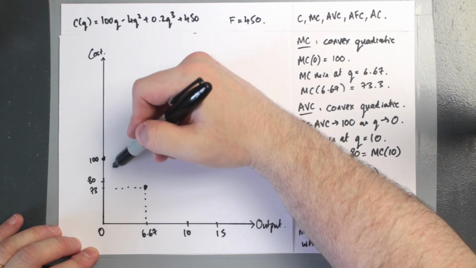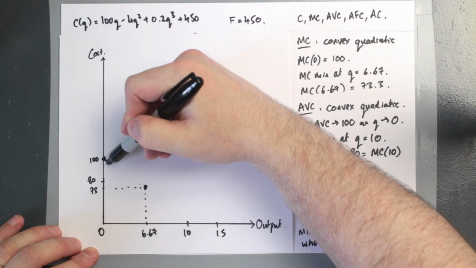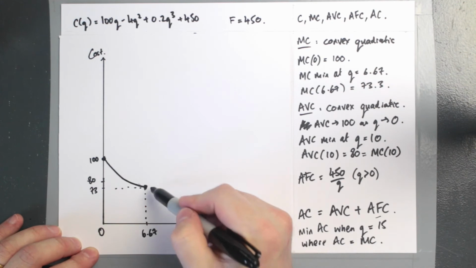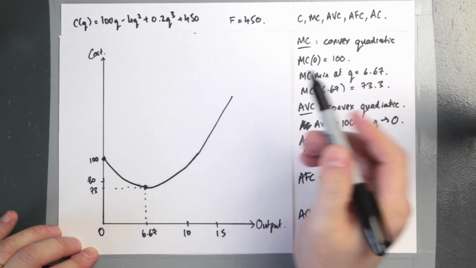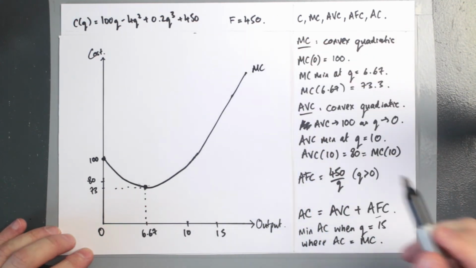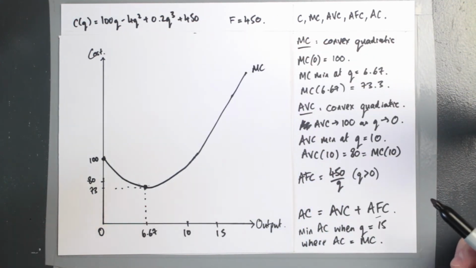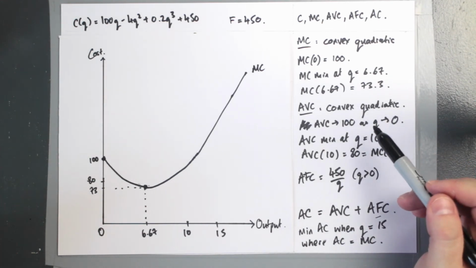Okay, so let's draw that. So it's a convex shape. So it's decreasing and convex up to this point. And then afterwards, it's going to increase something like this. Let's keep drawing it. Marginal cost. Okay. So that's a reasonably accurate drawing of our marginal cost curve.